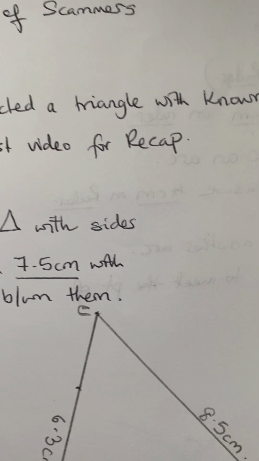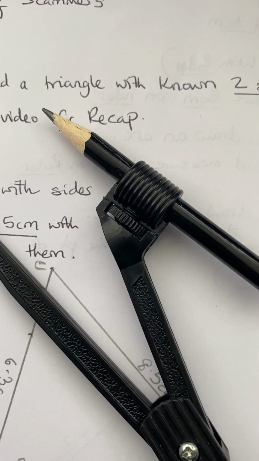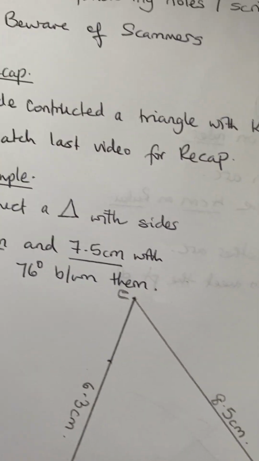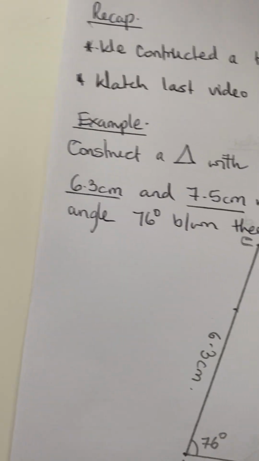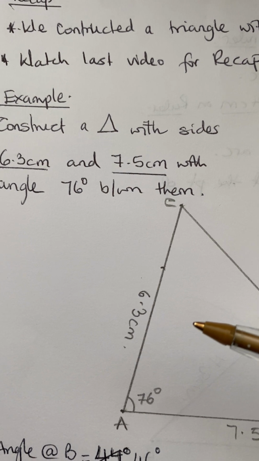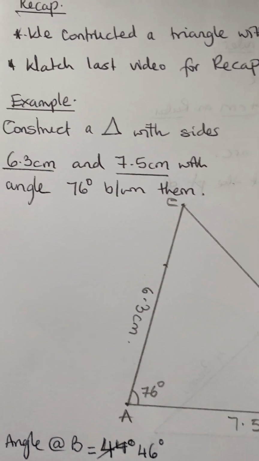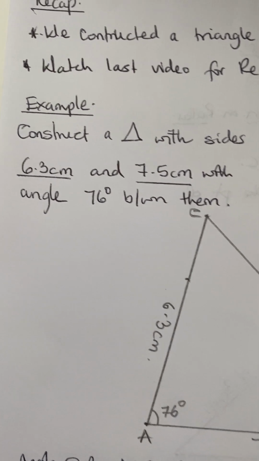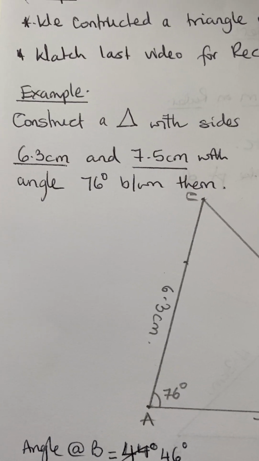Okay, we need a compass there and a ruler there to measure the lines. I'm going to take you through the example I have for recap, and then we'll straight away get on the starter and then get on with what we want to look at today.